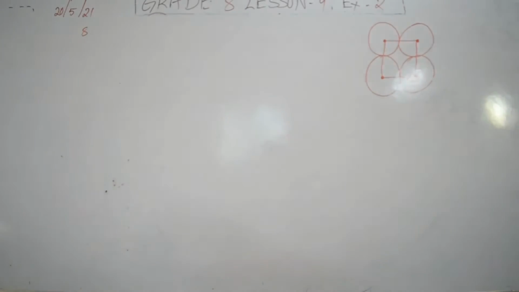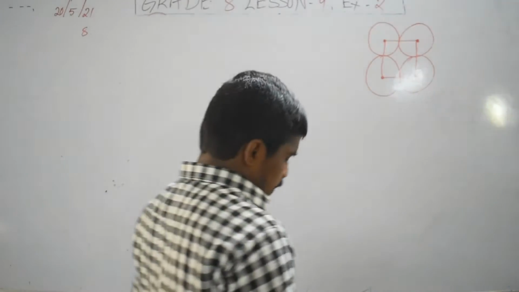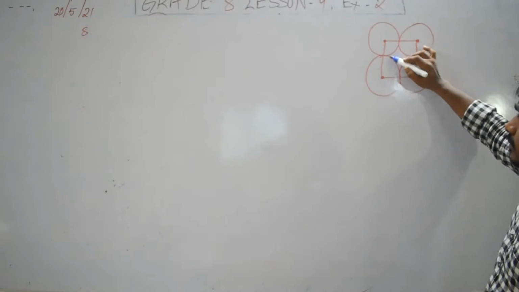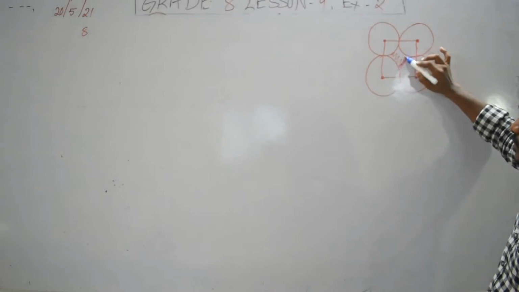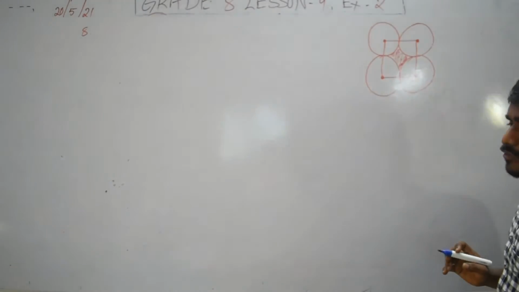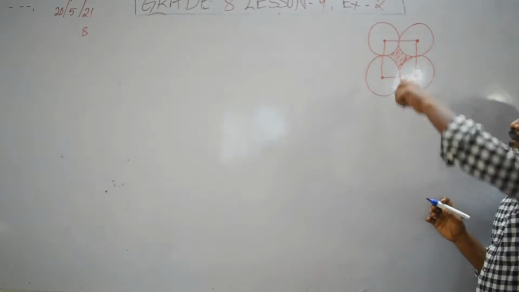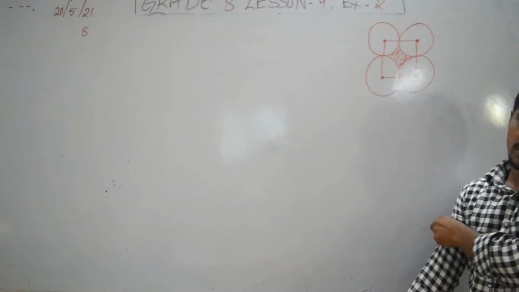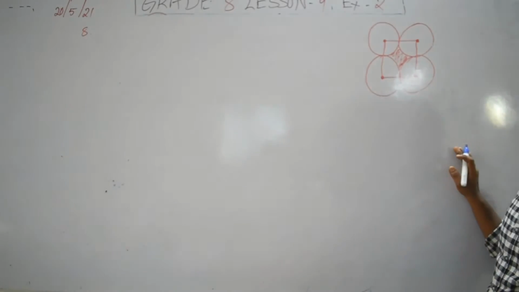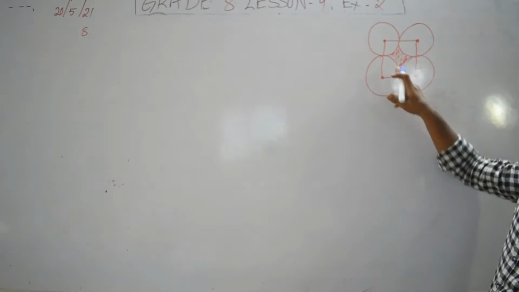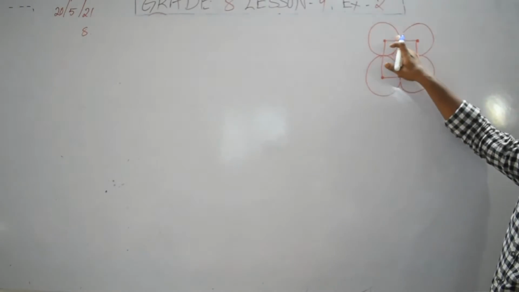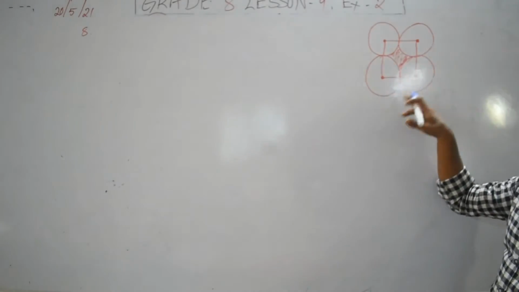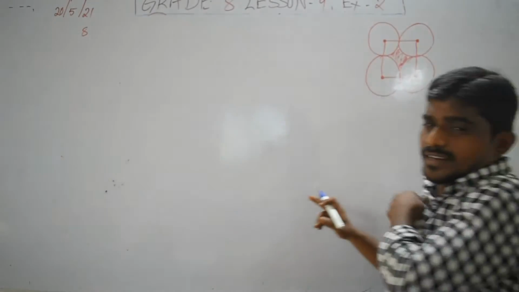They are asking for the area of the shaded region. First we find the area of the square, and next we find the area of these four sectors. After that we find the shaded region.